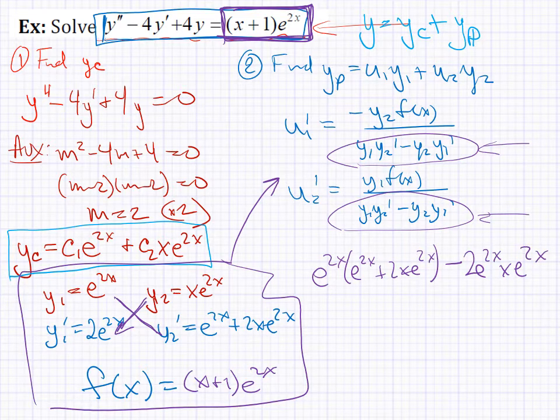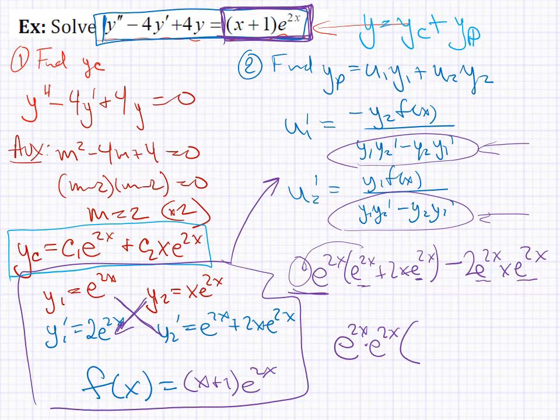And to simplify that a little bit, here's an e to the 2x I can factor out of this piece here and bring it out front with this one. And then here I have an e to the 2x, e to the 2x, and then this is going to have 2e to the 2x's that I can pull out. So I'm going to do all that, and what am I going to get? I'm going to get e to the 2x, another e to the 2x. I could add those exponents, but I'm not going to for right now. And what am I going to be left with?